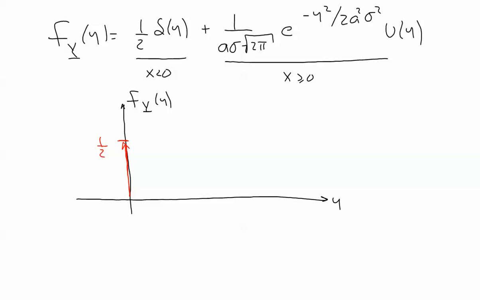And then the other piece will look something like that. And clearly this is 0. Y can never be less than 0. It can be exactly equal to 0. It's 50% likely to be exactly 0, but it can never be less than 0. And the probability density function governing positive values of y is, again, another Gaussian function.